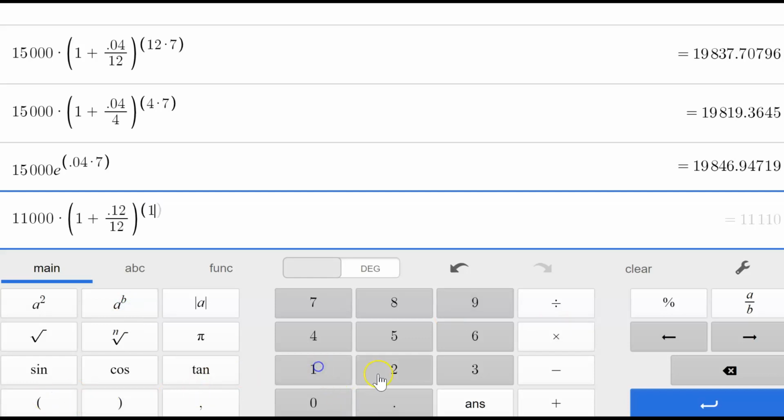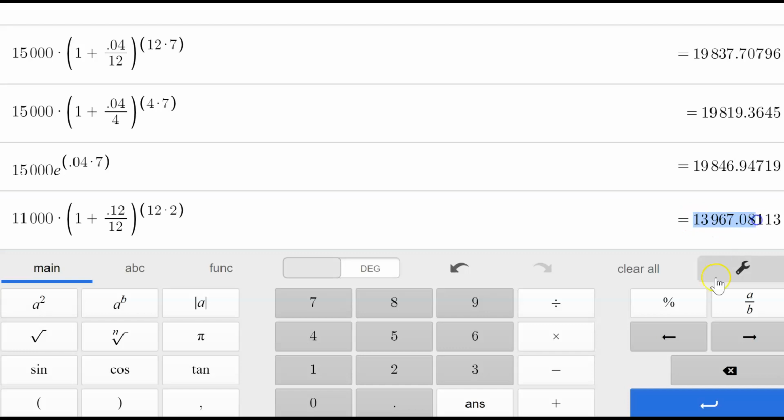N is 12 times the number of years, which is 2 years. And this is the value.